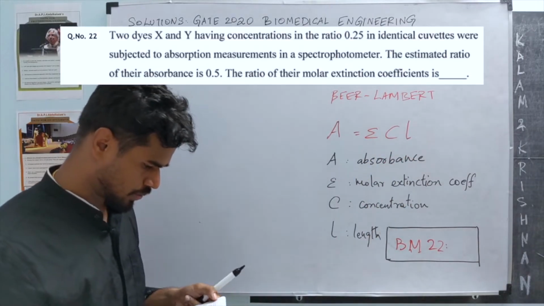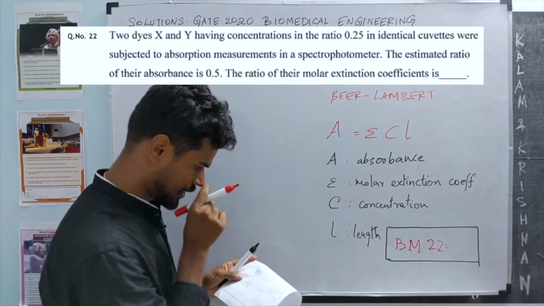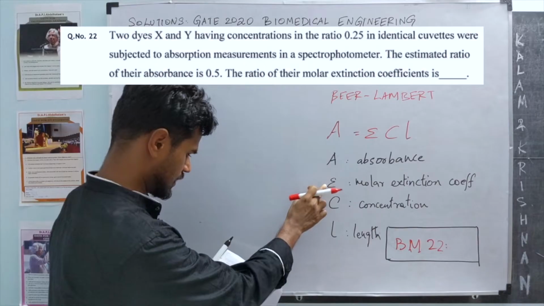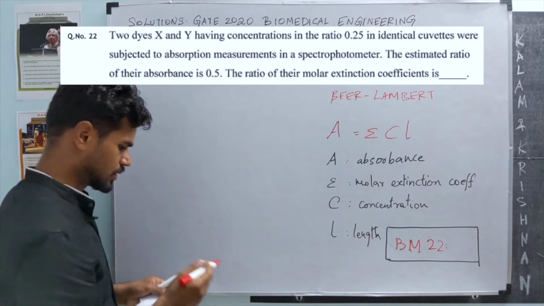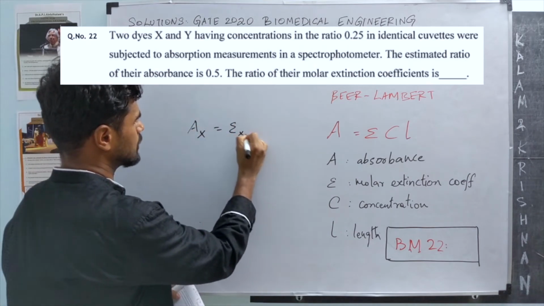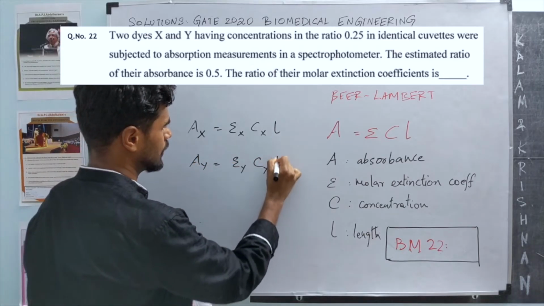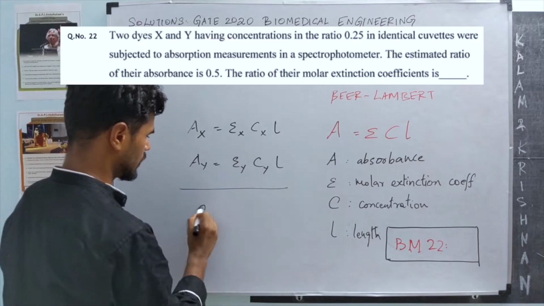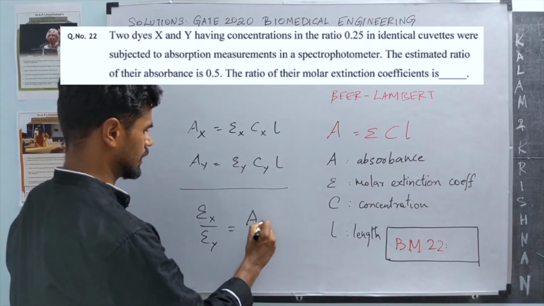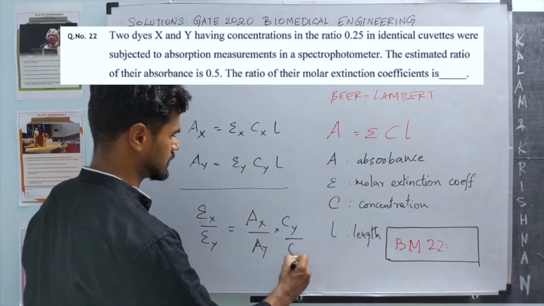So we have two different dyes here, X and Y. The path length is fixed, but A and C change. We want how the ratio of epsilon varies. So we have AX is epsilon X CX L, AY is epsilon Y CY L. So epsilon X over epsilon Y is AX by AY times CY by CX.